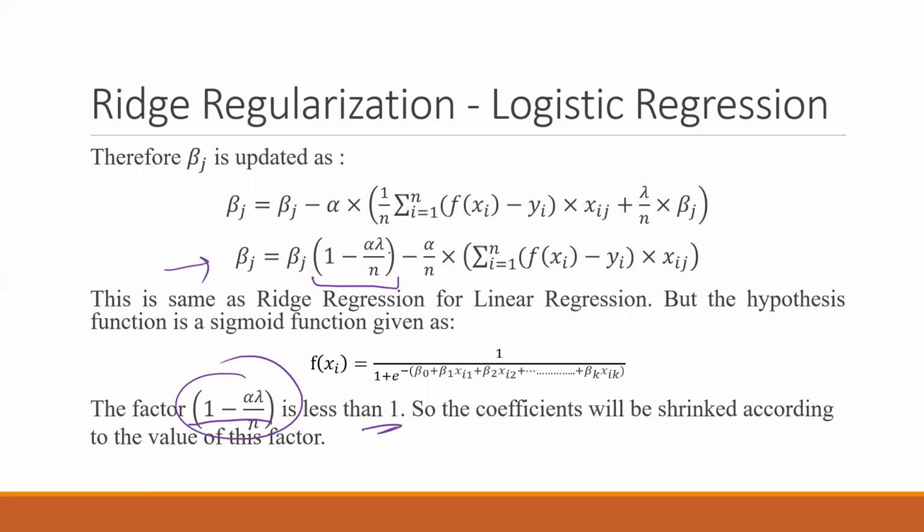So whatever the numbers are, overall 1 minus something will be less than 1, so the coefficients will be shrunk. Overall the coefficient size will decrease, and it will eventually help me reduce that overfitting.